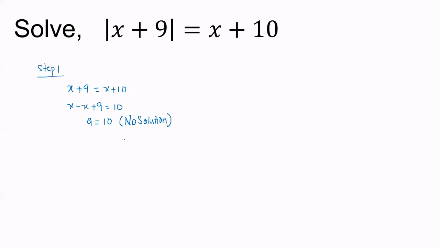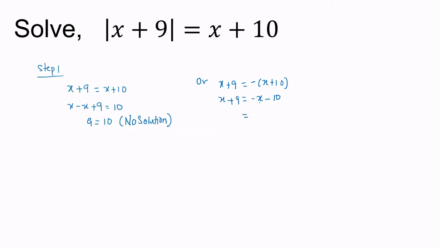All right. So since there is no solution on the positive side, we take a look at the negative region, which is |x + 9| = -x + 10. And we distribute that minus into the bracket. So we get a minus x minus 10, and on the left we get x plus 9.